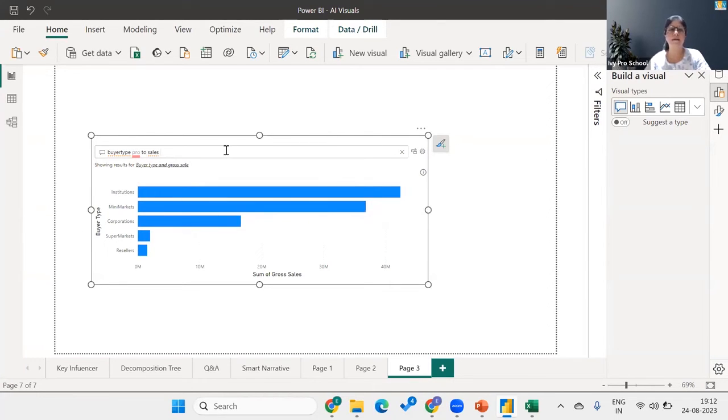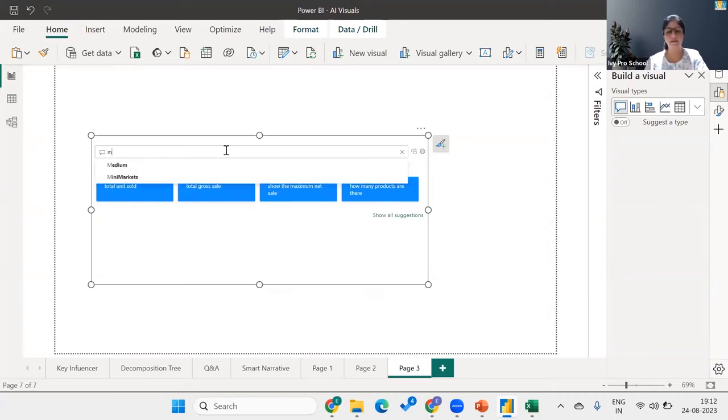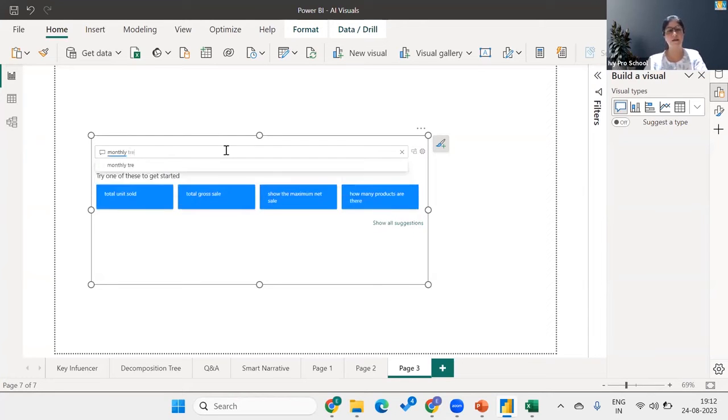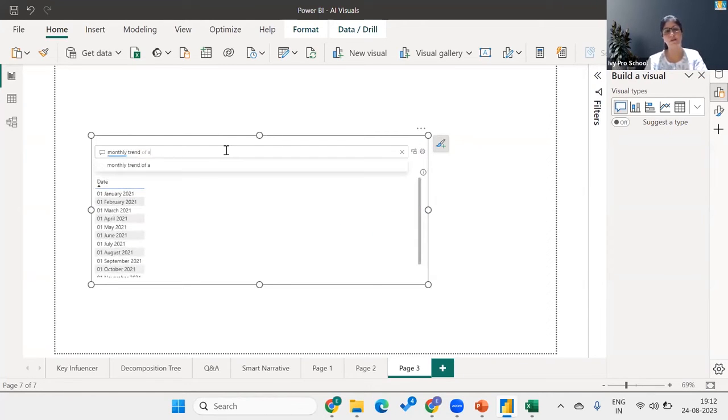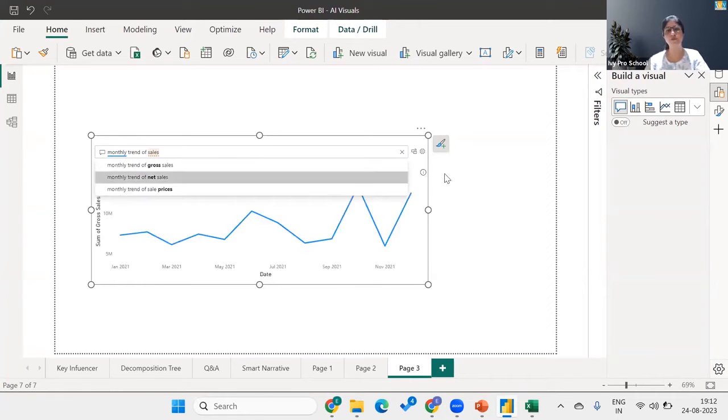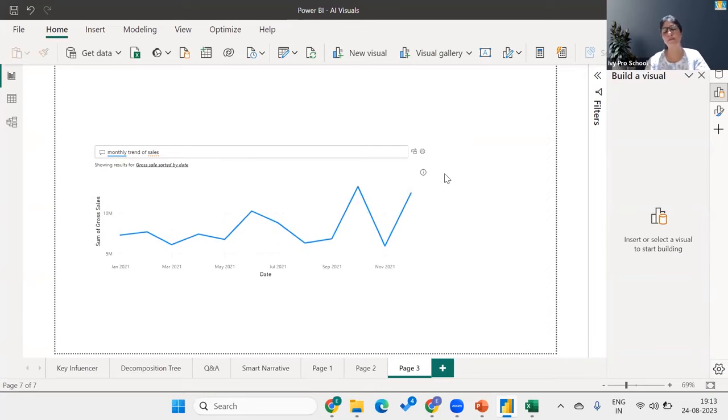And in the same way, if I had said monthly trend of sales, what it did is convert my simple English request into a Power BI chart.